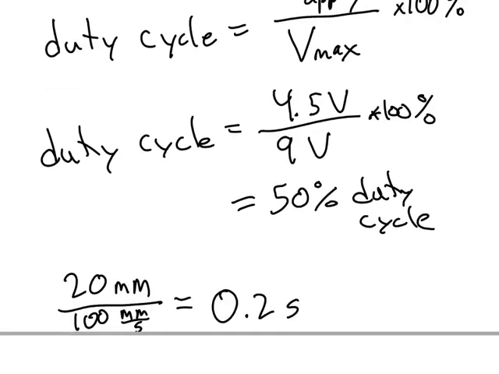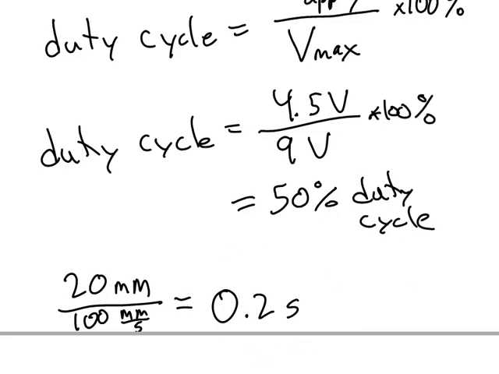So in order to achieve the desired position at the desired speed, I'll set a pulse width modulation output at a 50% duty cycle, and I'll leave that on for 0.2 seconds.